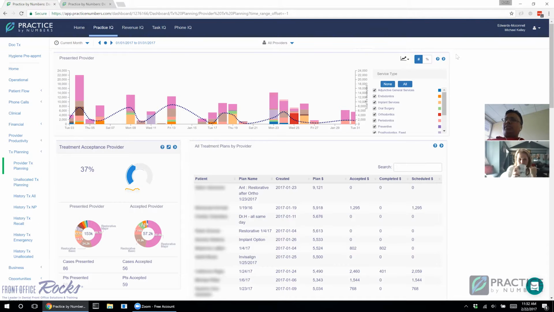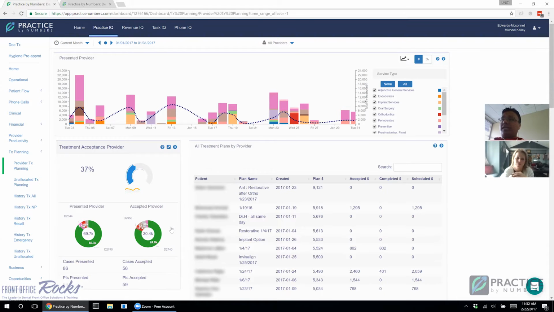In treatment acceptance, it's good to see what kinds of treatments are getting accepted. In terms of types, for example, in this particular case, how much did you present in restorative major, and how much got accepted, to see if you have a higher or lower percentage in certain types of services. It's also important to look at treatment acceptance rates for different types of patients.